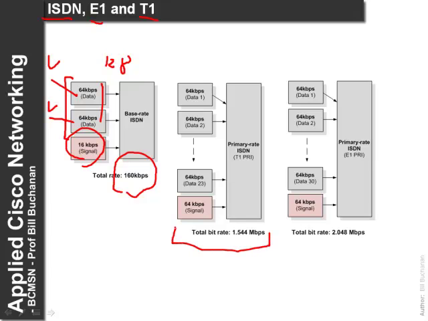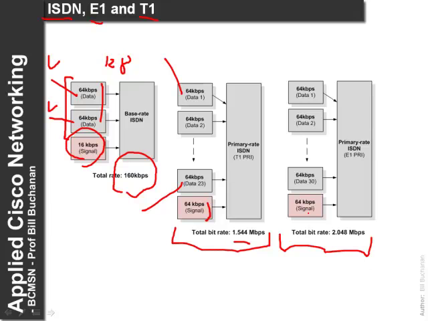In the US, the T1 PRI, primary rate ISDN stream, takes 24 of these 64 kilobit per second streams into a TDM stream and then adds a 64 kilobits per second signaling stream to give 1.544 megabits per second.